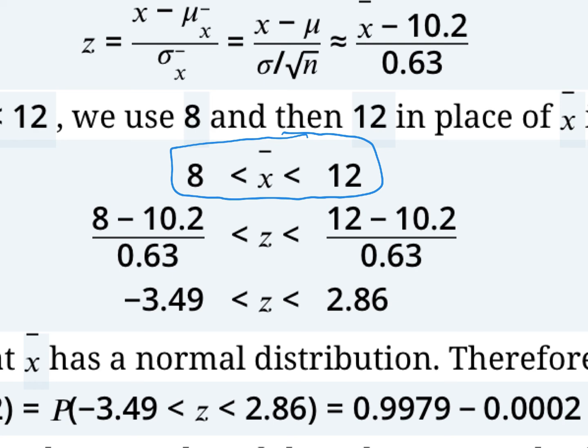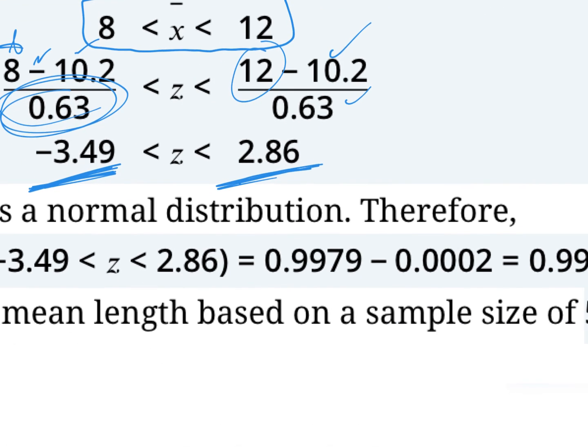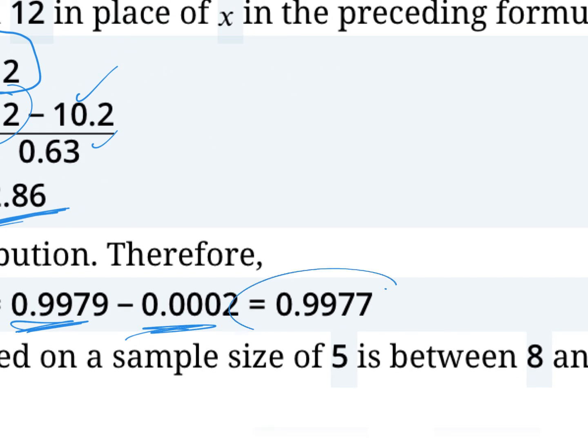There it is. This is 7.5. So we're going to test our 8, subtract the 10.2, and remember there's our standard error. Not 1.4, 1.4 divided by the square root of 5. Z is in between, there's our 12, testing it with a 0.63 division. This yields a negative 3.49, this yields a 2.86. We look up the two numbers on our chart, and this is what we get.